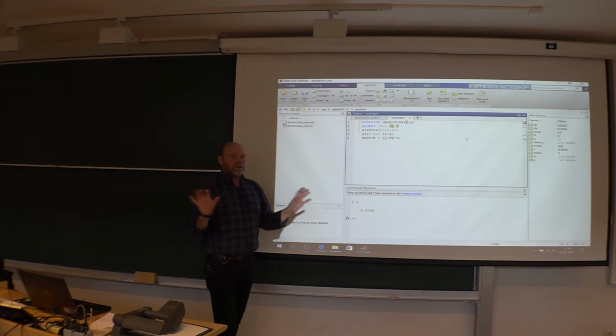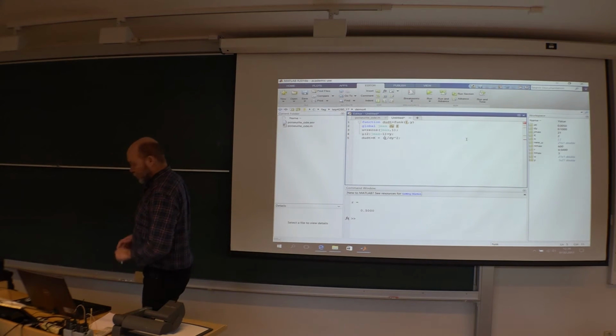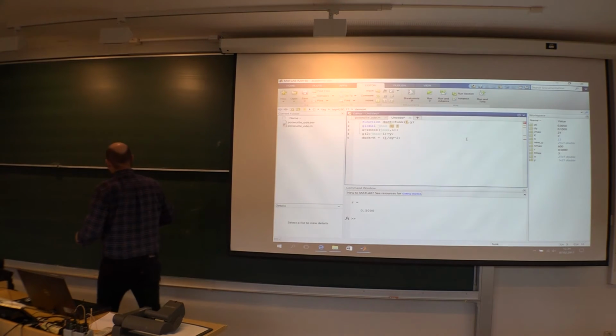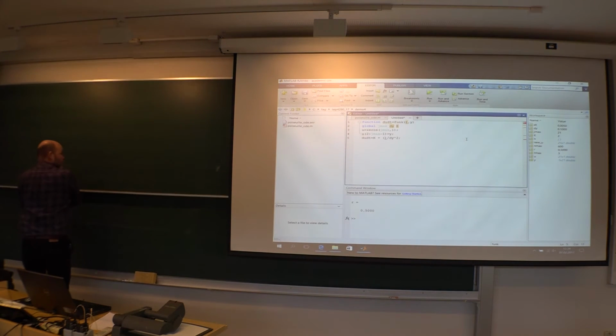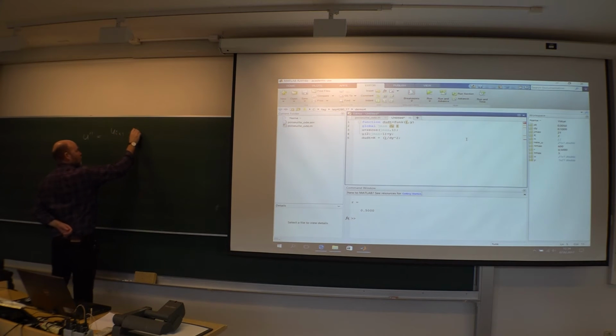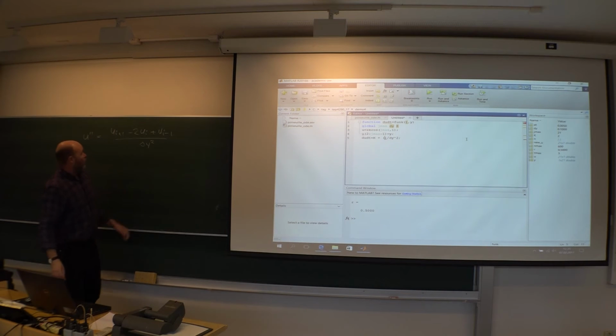Now comes the finite difference. And what was the recipe? The recipe for a double derivative, that was u double prime equals u at i plus 1 minus 2 times the center point plus the other neighbor i minus 1, divided by delta y square. So you need plus 1, minus 1, and then minus 2 of the center point.